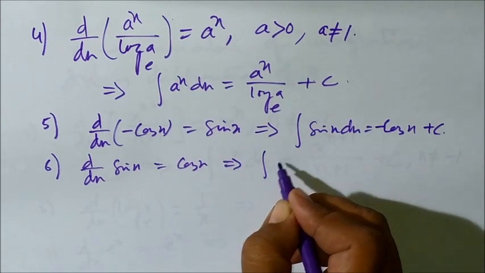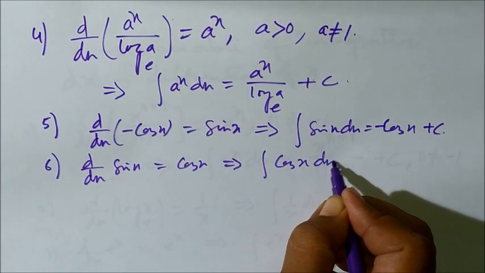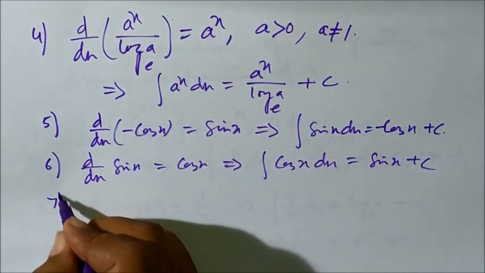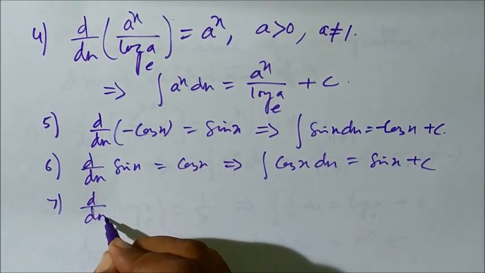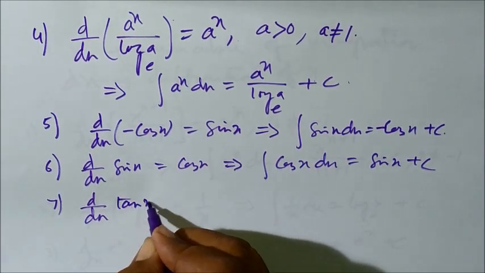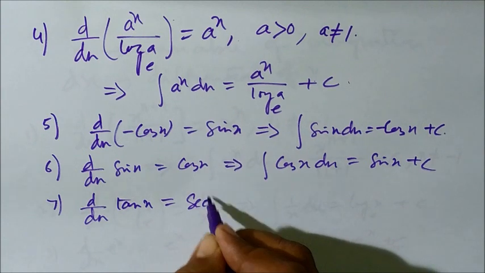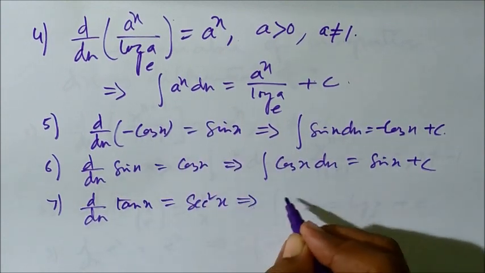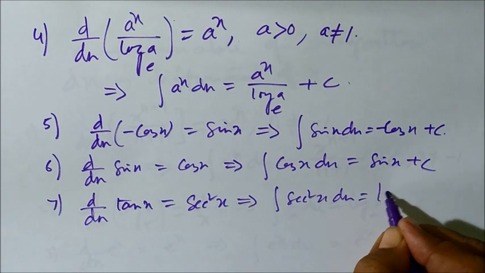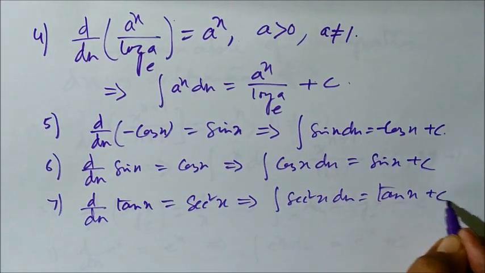This implies integral of cos x dx equals sin x plus c. Second, d by dx of tan x equals sec square x. This implies integral of sec square x dx equals tan x plus c.